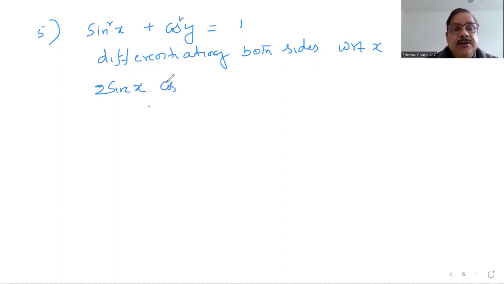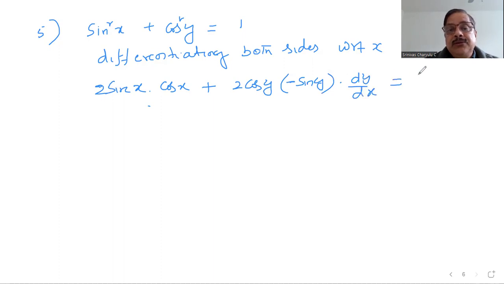Sin x differentiation is cos x. Here, 2 cos y first for the power, then cos y differentiation is minus sin y. Y differentiation is dy by dx, is equal to 0.